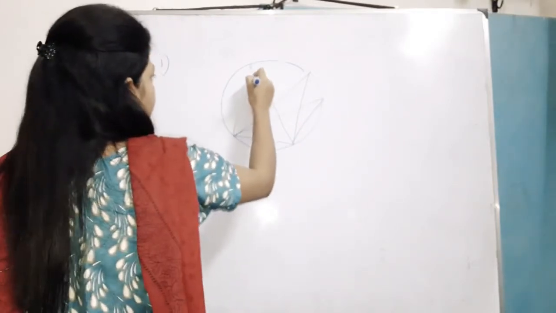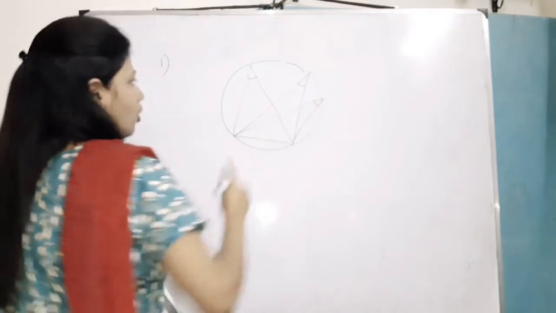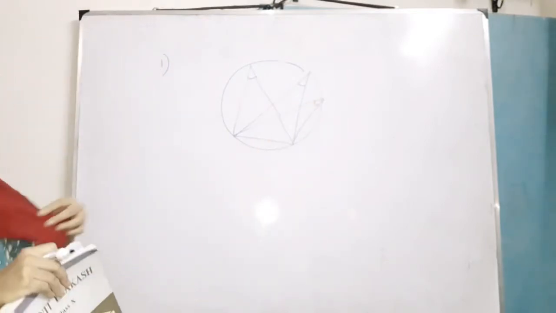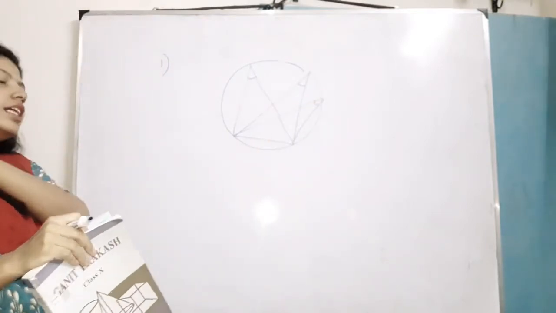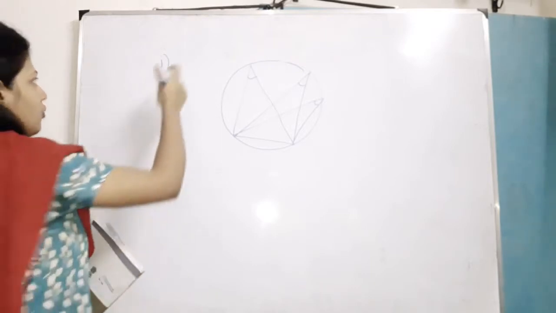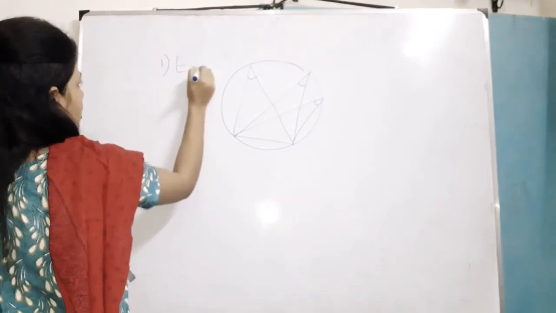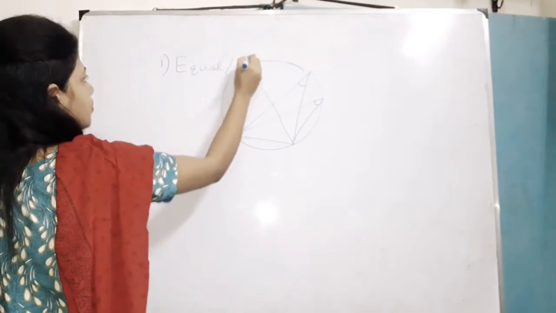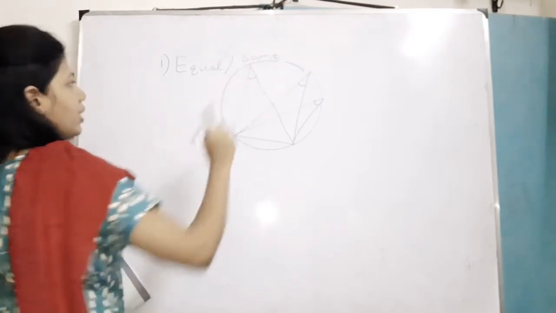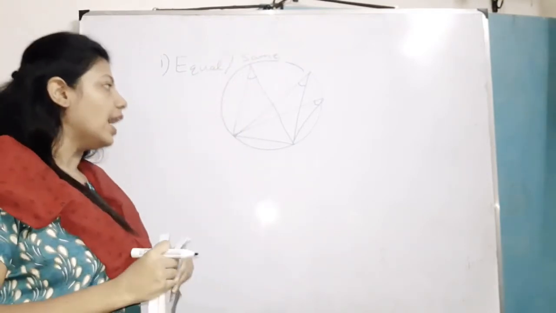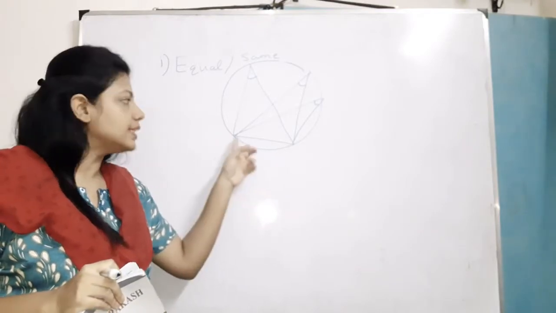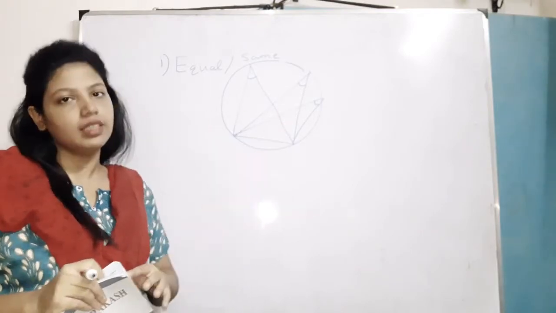You know already that all of them are equal. Whenever I take any angle on the same segment, that will be equal. So the answer will be equal or same. Any one you can write. All the angles lying on the same arc or the same segment are equal or same.